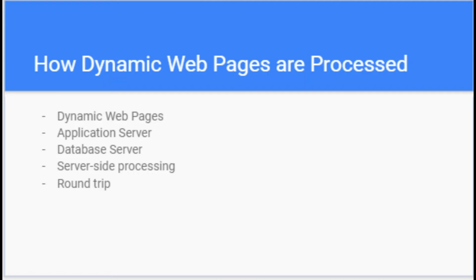Finally, the program or script retrieves the image and data from the database server. The processing that's done on the application server can be referred to as server-side processing. And this whole process that begins with the user requesting a web page and ending with the server sending a response is called a round trip.